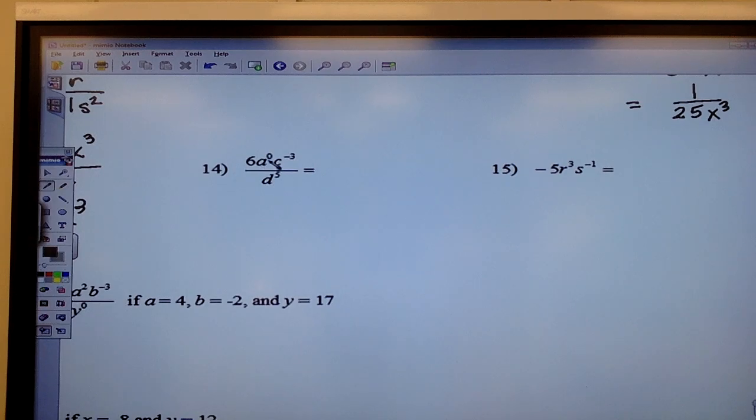A to the 0 is 1, and 6 times 1 is 6, so the 6 is going to be at the top by itself. Remember, c to the negative 3 moves down to the bottom and becomes positive. Let me rewrite that so I can have room. And then the d to the 5th stays there because the exponent was positive.